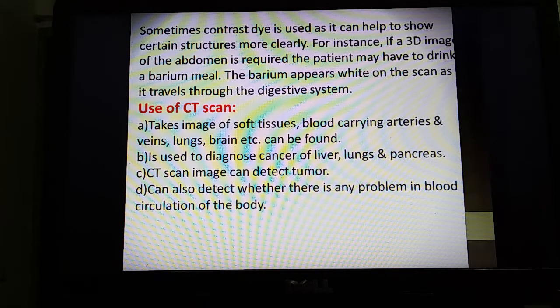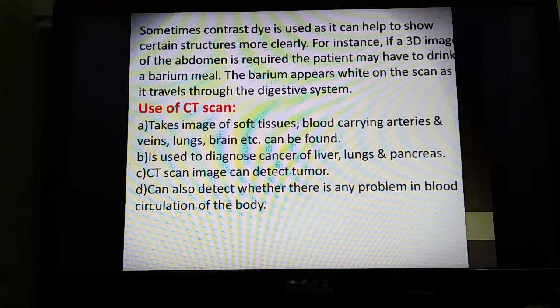Whenever a patient is allowed to drink a barium meal, the barium appears white on the scan as it travels through the digestive system, so it becomes easier for the observer to examine that portion of the body.